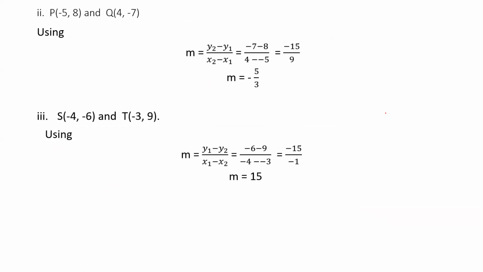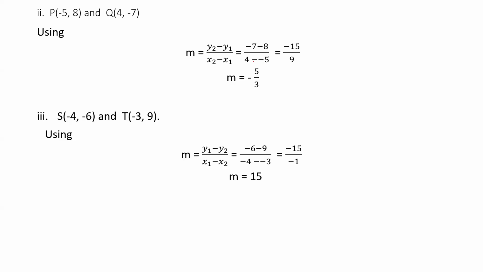When we do so, I'm starting with y2 first. So minus 7 minus 8, all over 4 minus negative 5. Don't forget that one. The negative is already there, and the 5 is also negative, and we all know negative times negative is positive.